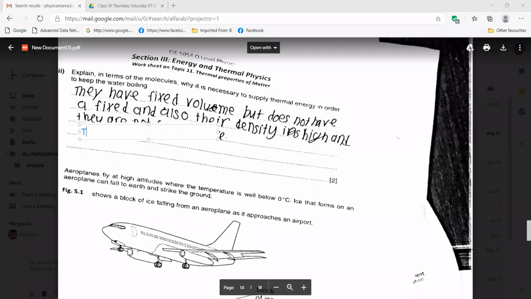To overcome intermolecular force, we need to do some work, and that's why we need thermal energy, right?